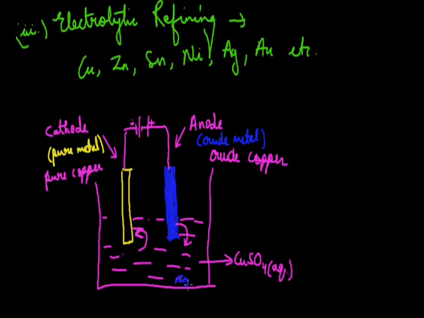These are the impurities which are insoluble in the solution. They are called anode mud because they are obtained from the anode by breakdown of the anode. In this way the metal from the anode goes into the electrolyte, and from the electrolyte it goes onto the cathode. So basically, there is transfer of the metal.